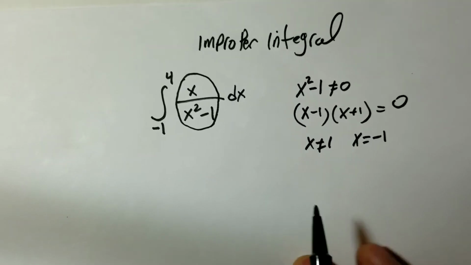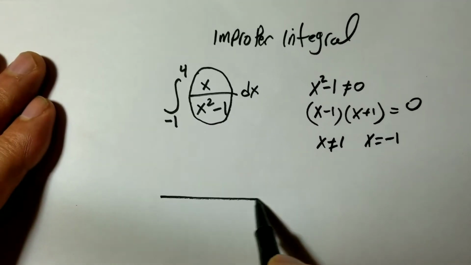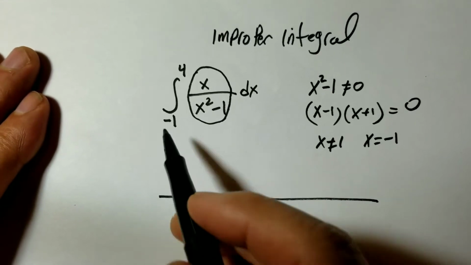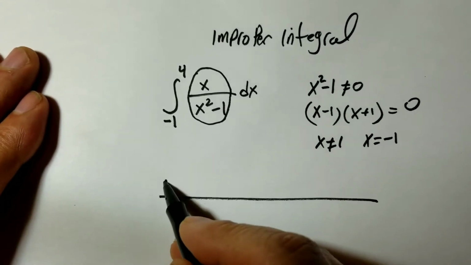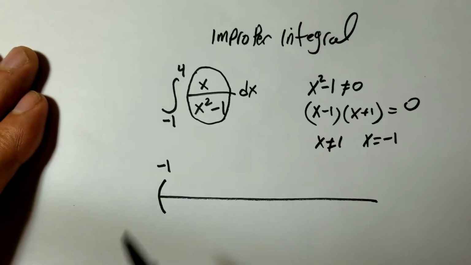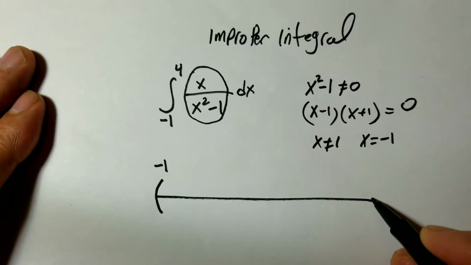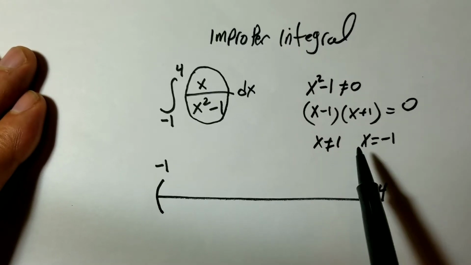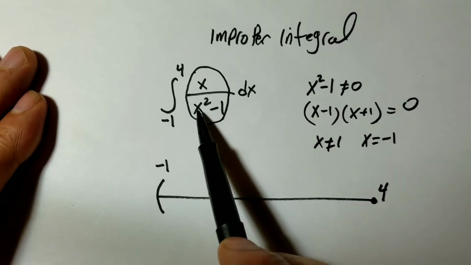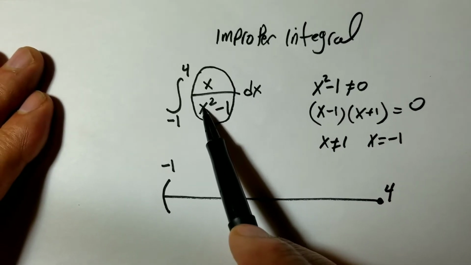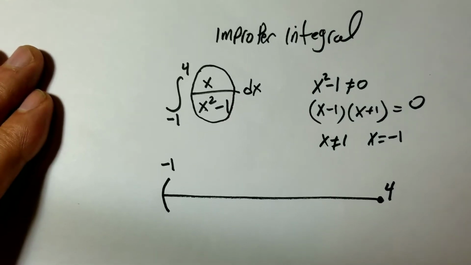Then I'm going to look at this integral and I'm going to see one of my lower limit is exactly the number I cannot assign. Therefore, I cannot assign negative 1. Also, the upper limit is 4, and I don't have any issue with 4 because having 4 inside my function, I'm going to have 4 over 16 minus 1, which is 4 over 15.